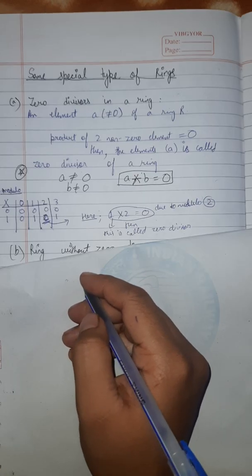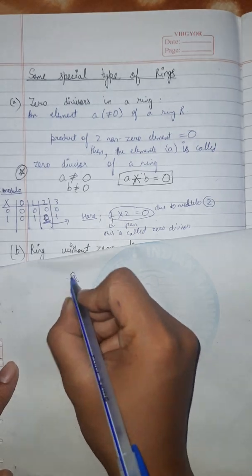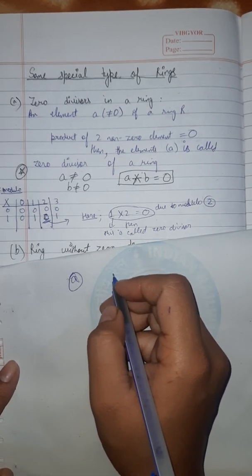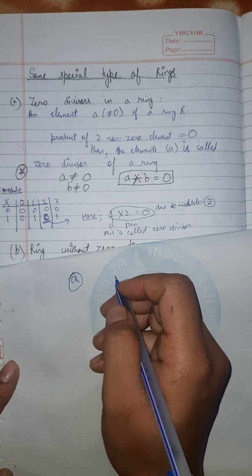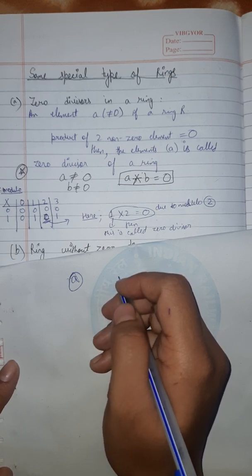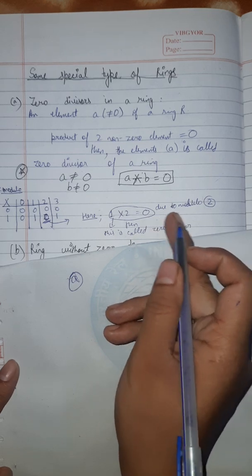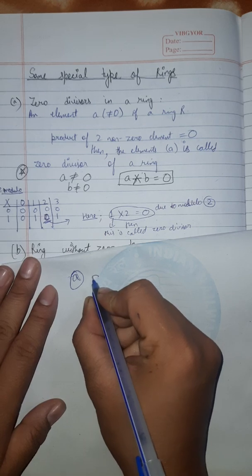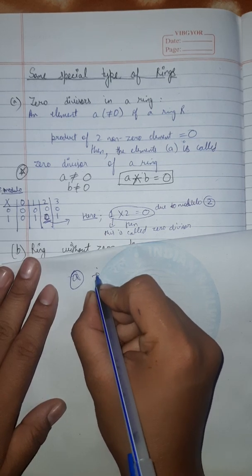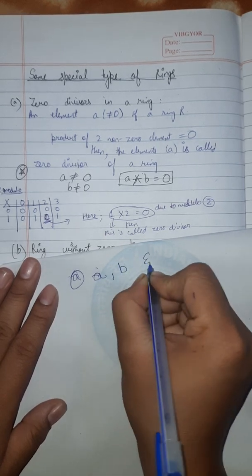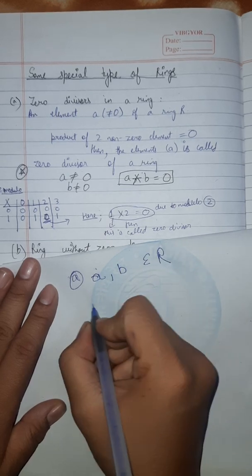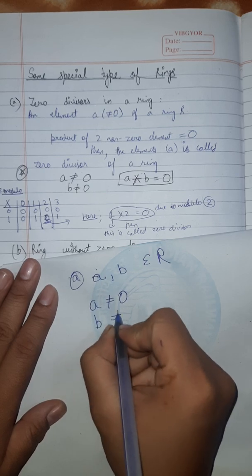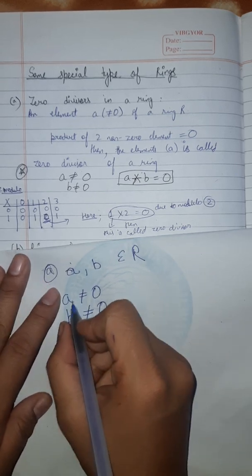Here are some more special types of rings. The first one is the zero divisor in a ring. An element A which is not equal to 0 of a ring R, when we take the product of two non-zero elements, if it equals 0, then the element A is called a zero divisor of the ring. We take two elements, A and B, which both belong to a ring R. A is a non-zero element and B is also a non-zero element.